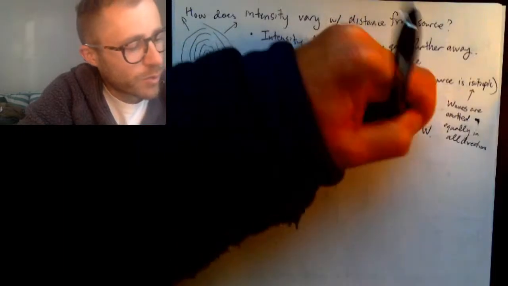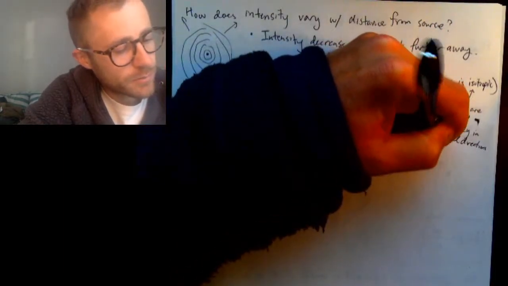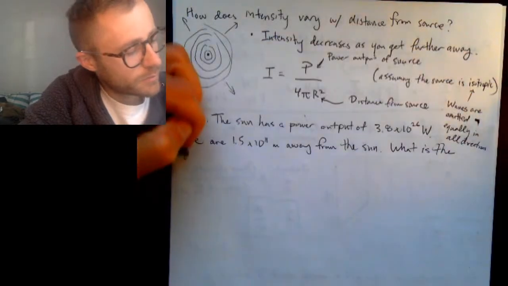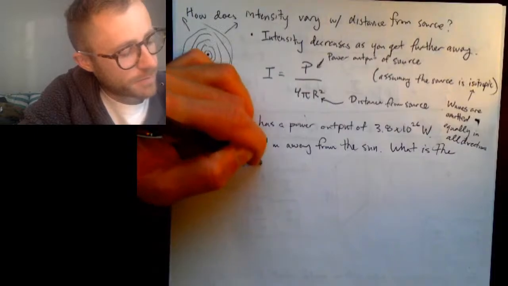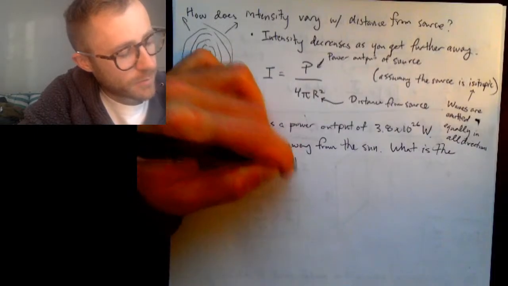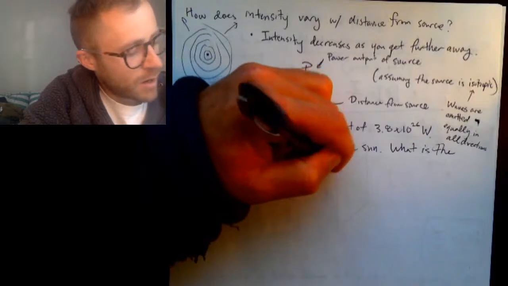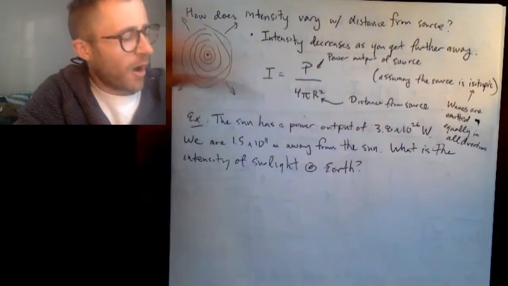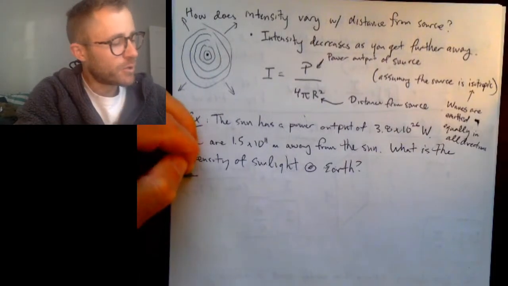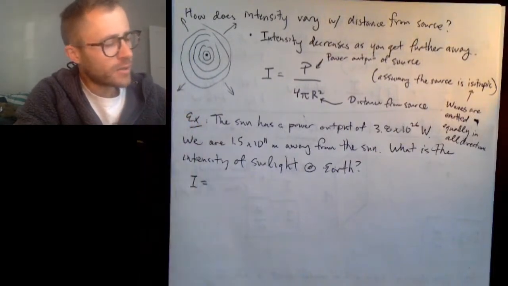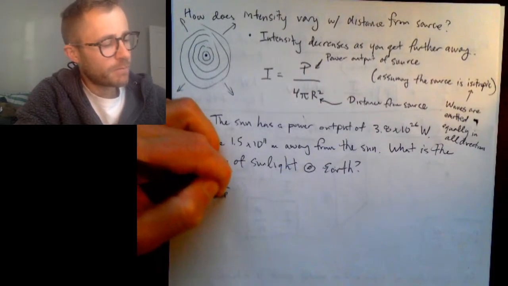Okay, so what is the intensity of sunlight at Earth? Okay, so we just use the equation directly. Intensity is power over 4 pi r squared.